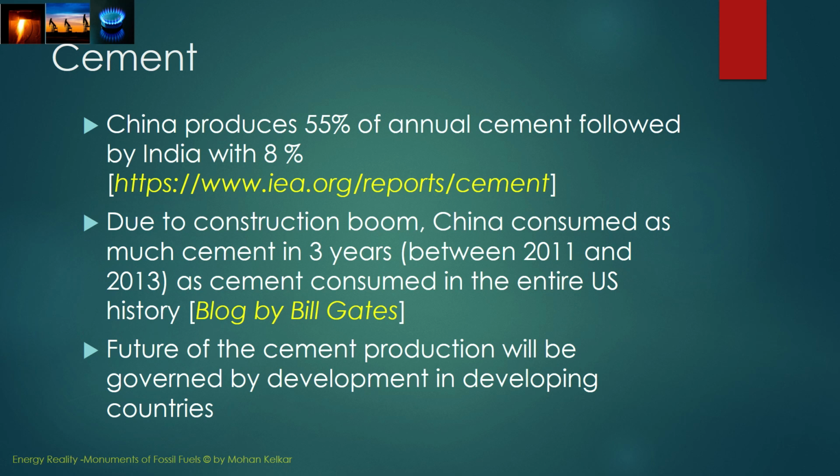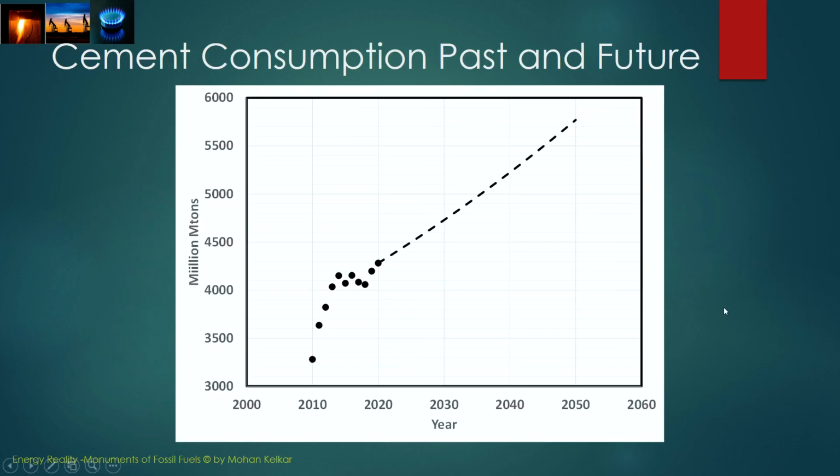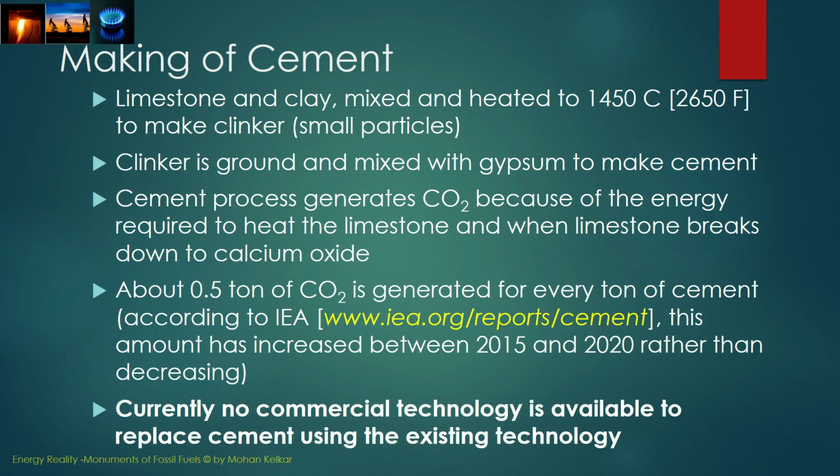Future of the cement production is going to be determined by the development in the developing countries and how they consume the cement. It's expected that the cement consumption in the future is going to increase significantly, and about 5,500 million tons of cement will be required by year 2050.